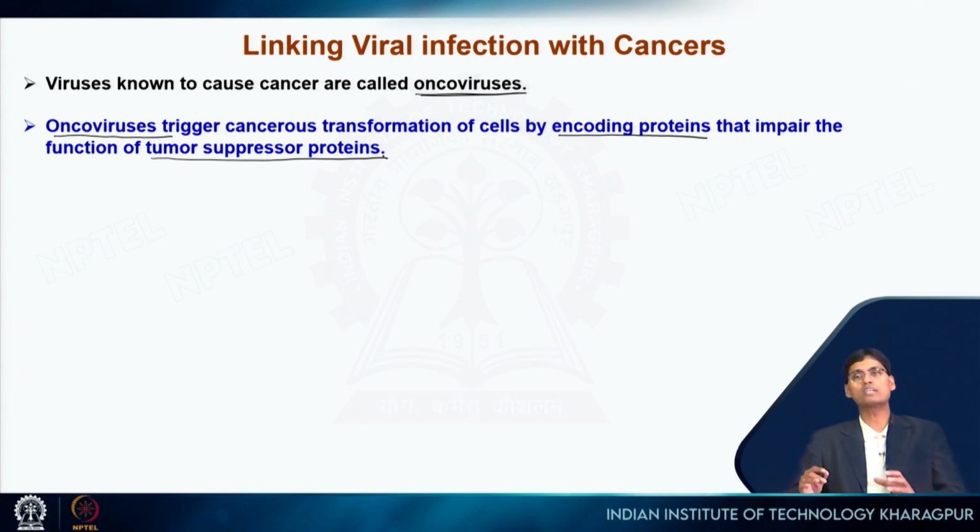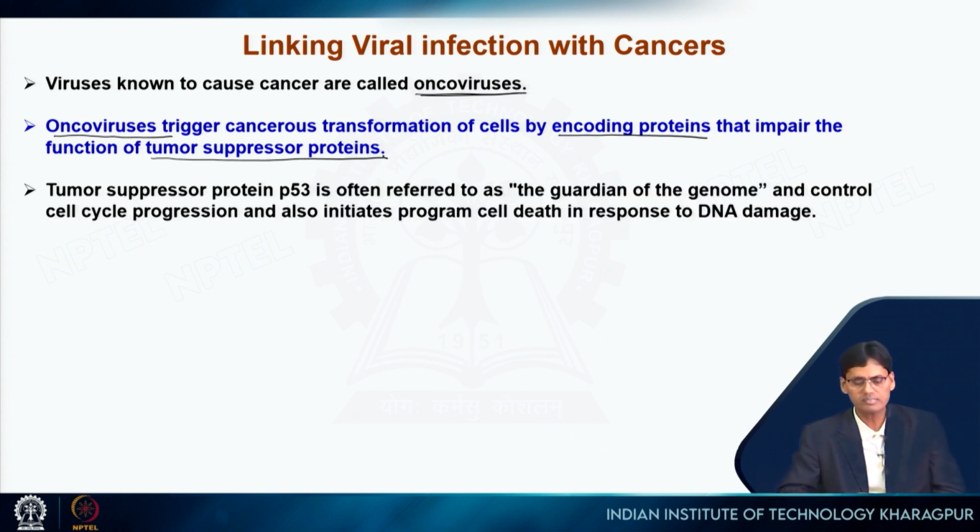They control our cell cycle, and whenever some mutation or DNA damage happens and it cannot be repaired by normal machinery, this tumor suppressor protein detects the fault, and then those cells should undergo programmed cell death. But here, the protein coming from the oncovirus impairs the function of the tumor suppressor protein. As a result, the outcome will be bad.